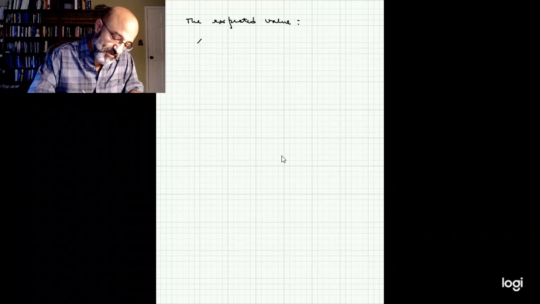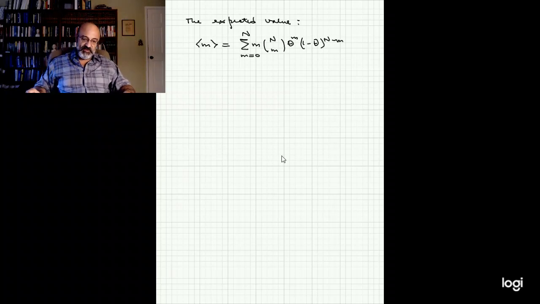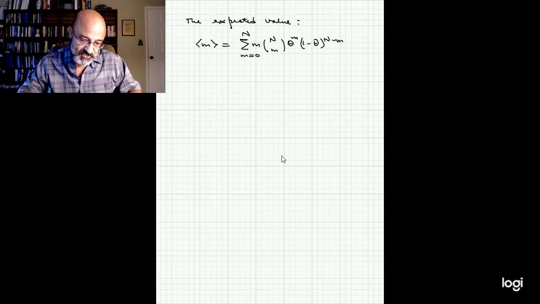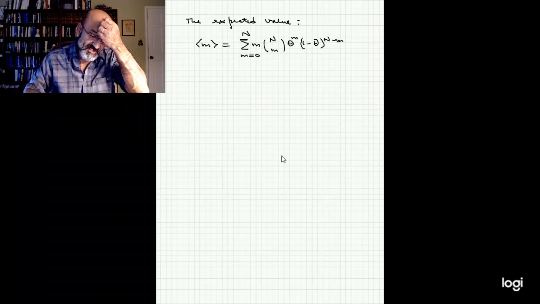So suppose we want to compute the expected value, and the way we do it is we sum for all values from 0 to n of the probability, which is this one, and we multiply m times the probability. So that's the expected value. And our challenge here is going to be to compute this summation. And there is a valuable trick to do this.